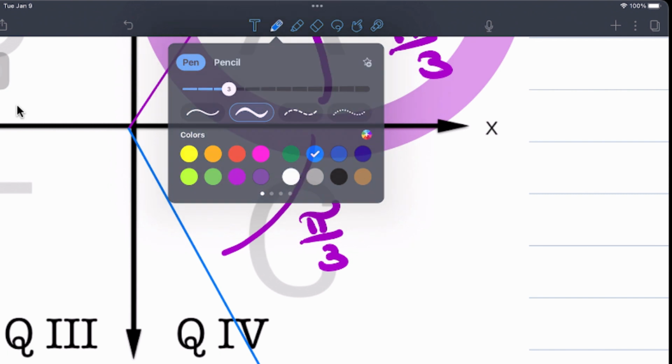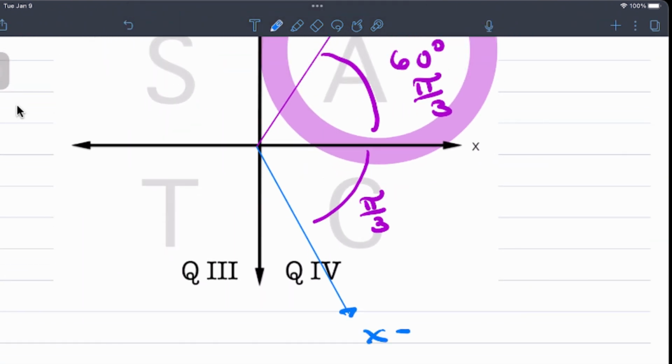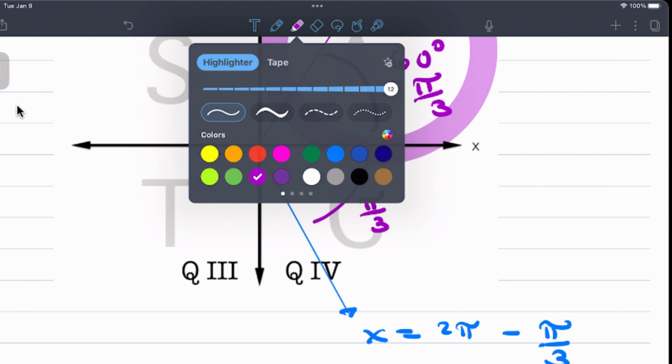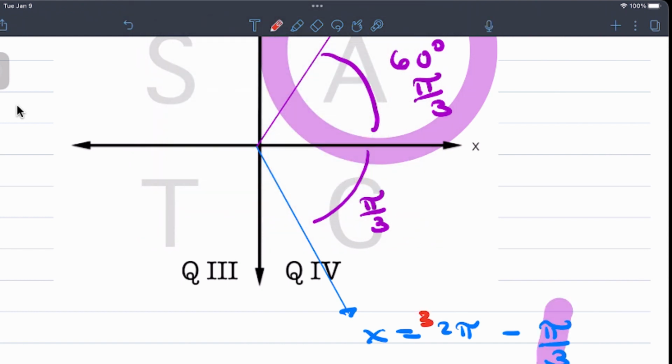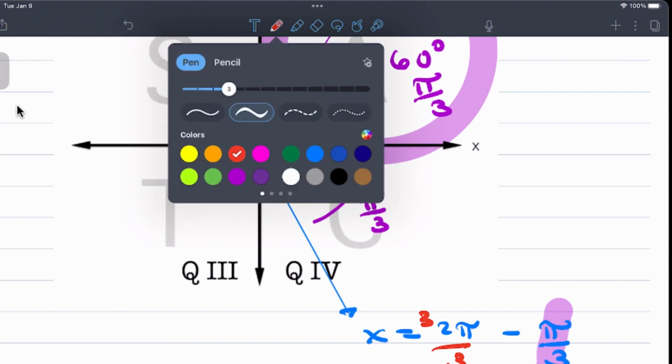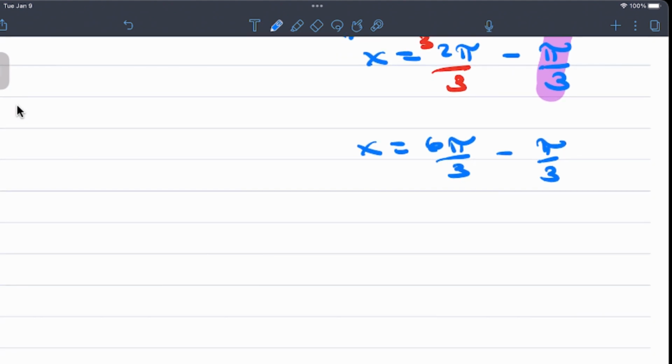So the quadrant 4 solution is going to be 2 pi minus the reference angle. 2 pi is 6 pi over 3, minus pi over 3. Isn't that 5 pi over 3?